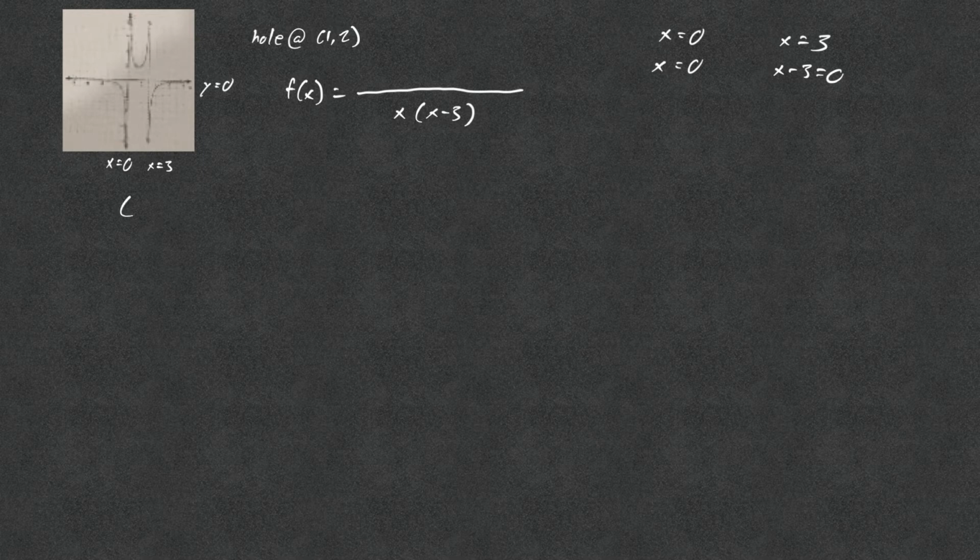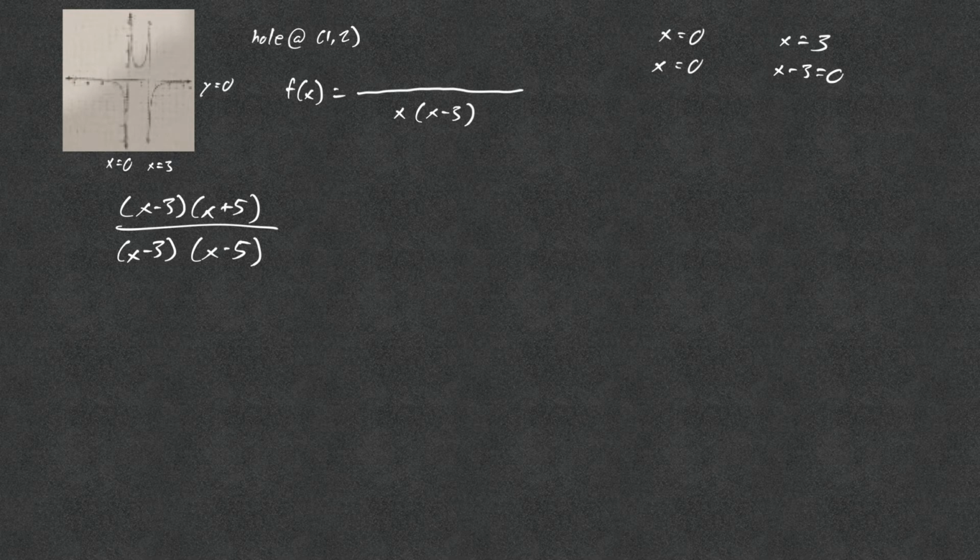So for example, if we have something like (x minus 3)(x plus 5) over (x minus 3)(x minus 5), here we have a discontinuity or a hole because x minus 3 in both the numerator and denominator cancel each other out.